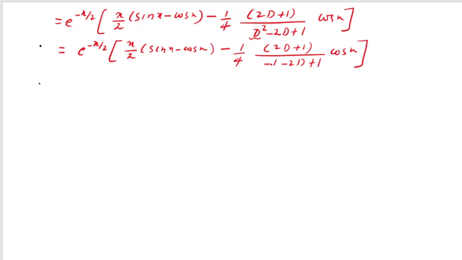So now you can see this minus and plus will cancel, right? So this plus 1 and this minus 1 cancel, and we have a minus sign and we have a minus sign here. So I will get what?